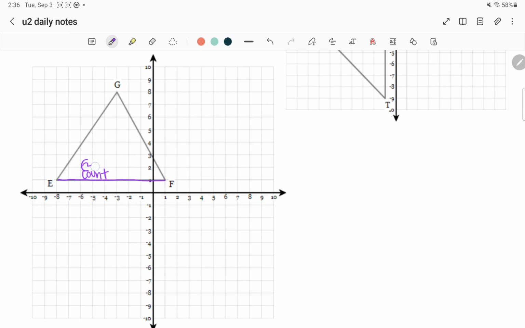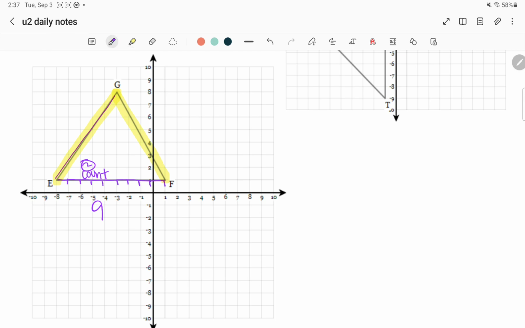So there's step 2. If I count this, 5, 6, 7, 8, 9, that is 9 spaces. Okay, but G to E, this right here, and G to F, they're both diagonal. I cannot just count them.